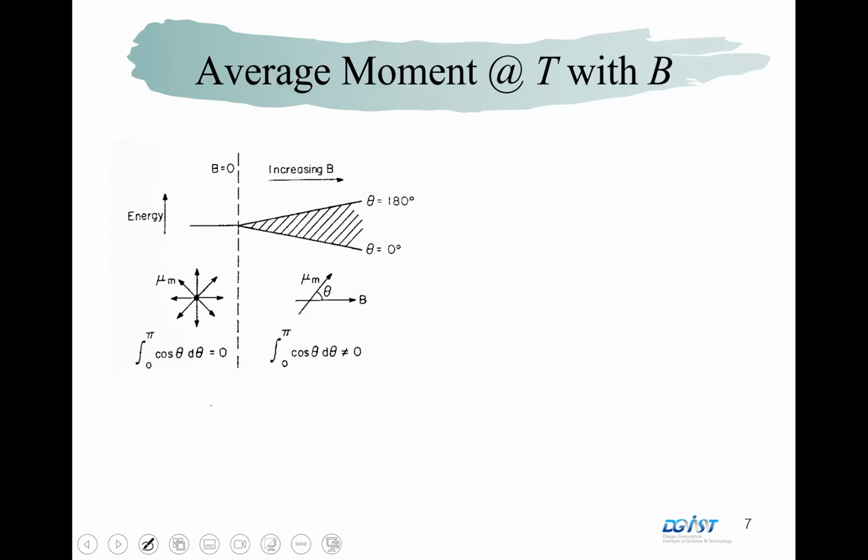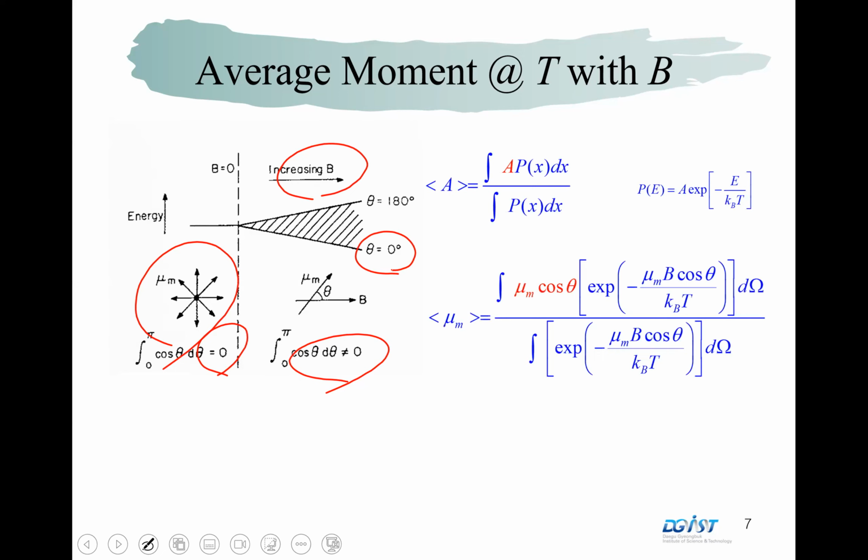Okay, so this is the review of mean field theory again. In a paramagnetic material, all the spin directions are random, so the average value is 0. But if you apply a finite magnetic field, there is a non-zero average value because the aligned spin has lower energy, due to the Zeeman energy.